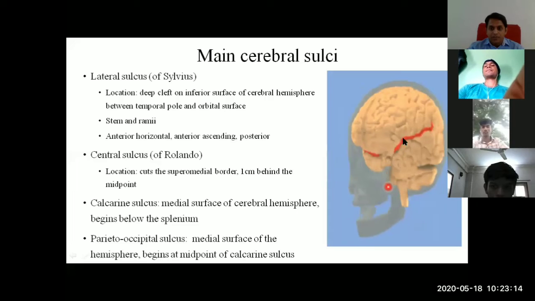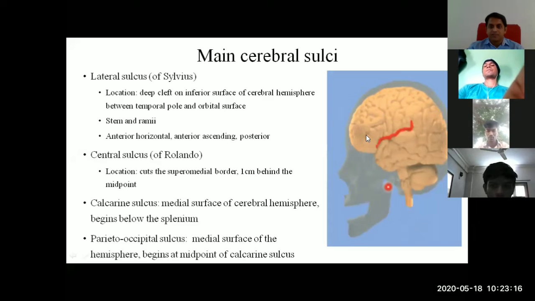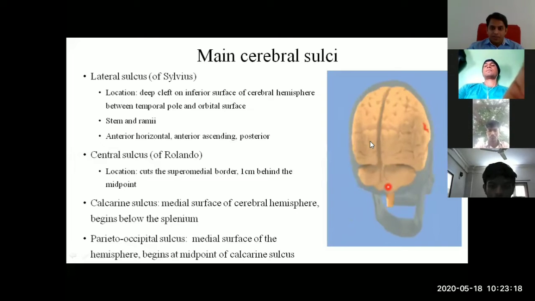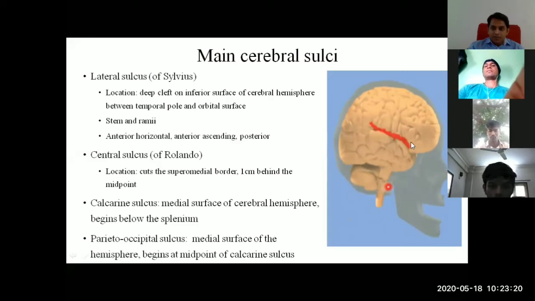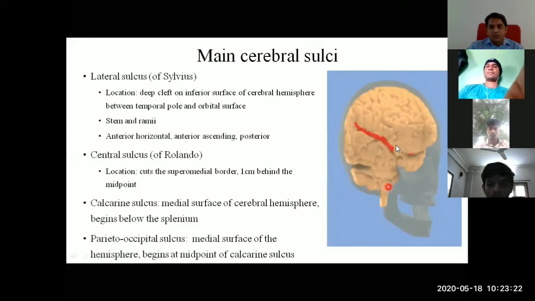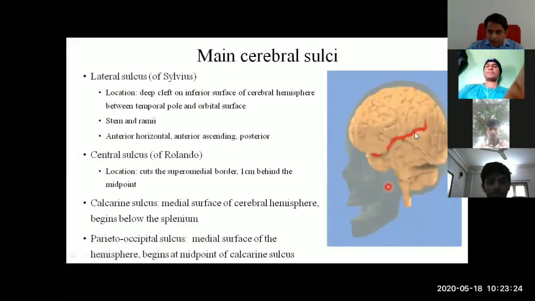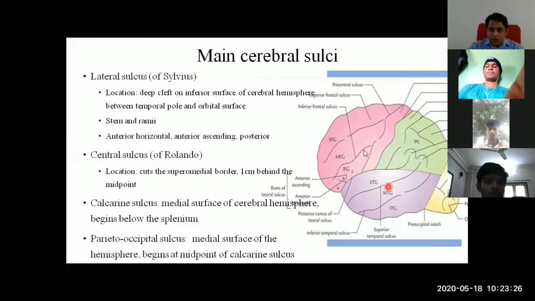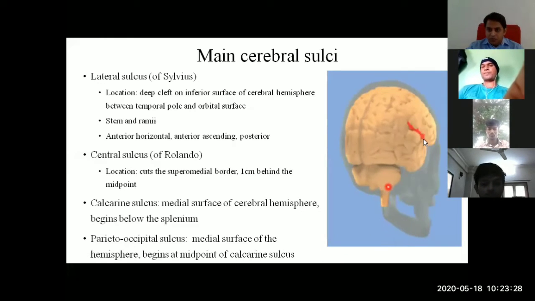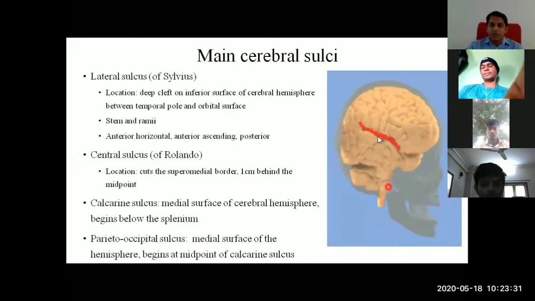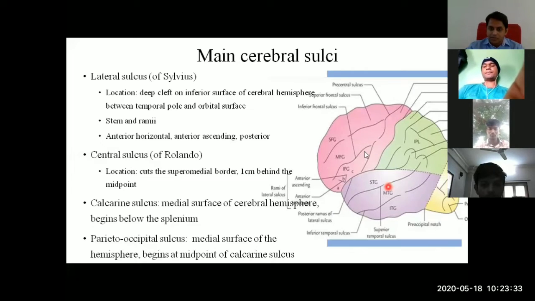The point where it reaches the superolateral surface is called the Sylvian point. From this Sylvian point, it gives three rami. One of the major rami, which goes posteriorly, is called the posterior ramus, and the other two rami ascend.